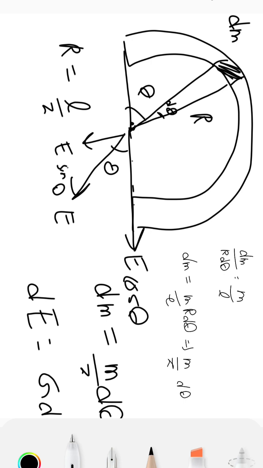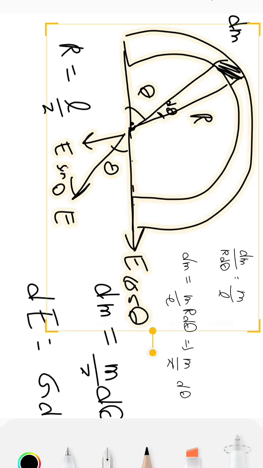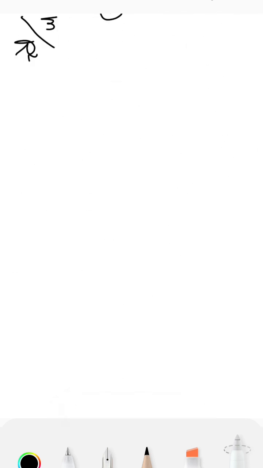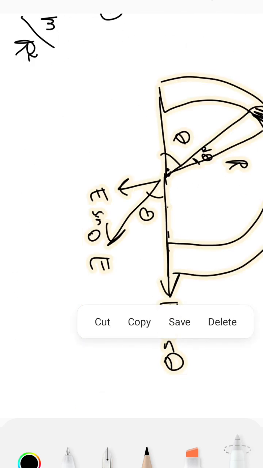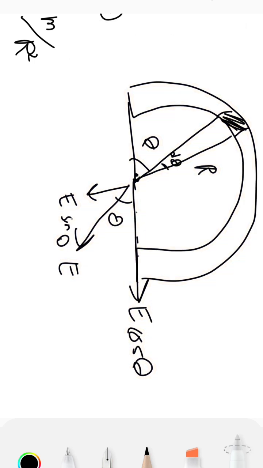Now let me just copy this diagram once again so that it would be easy to explain. Perfect. So this is the case. So basically dE can be resolved in two parts.